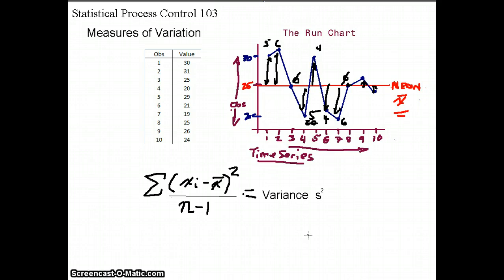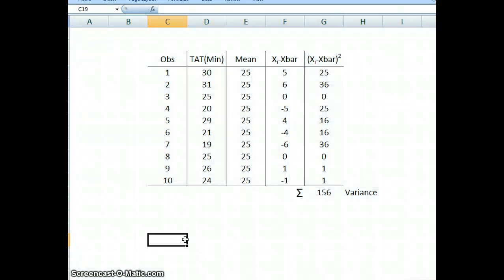The problem with the variance is it can be quite large. So, in fact, let's calculate the variance for this very set of data. Okay, so here's our table. Same 10 observations, and I've constructed an Excel spreadsheet with the mean now.